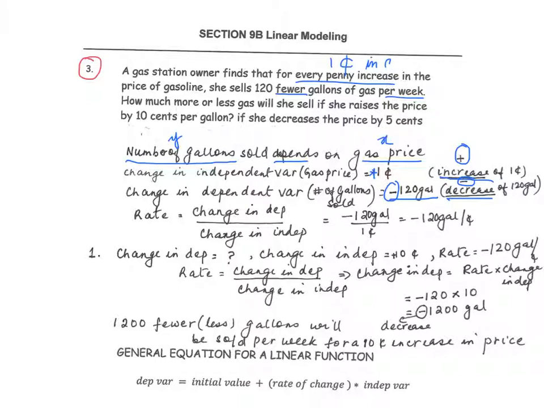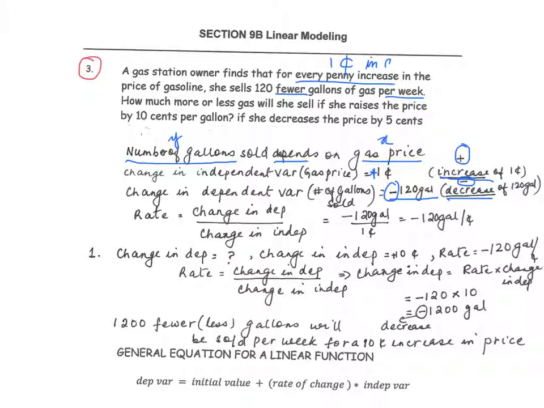The question says, how much more or less gas will she sell if she raises the price by 10 cents per gallon? So first, let's figure out the rate of change of the dependent variable with respect to the independent variable.